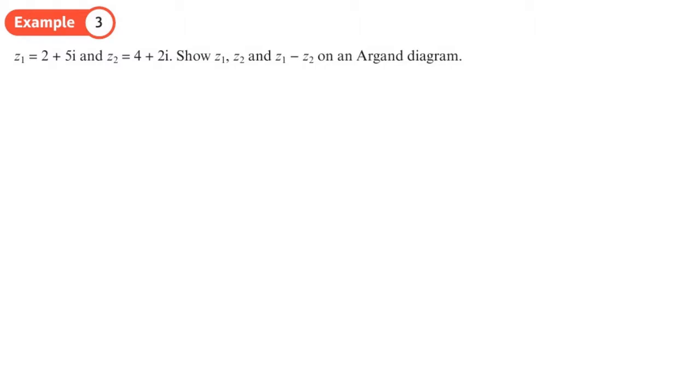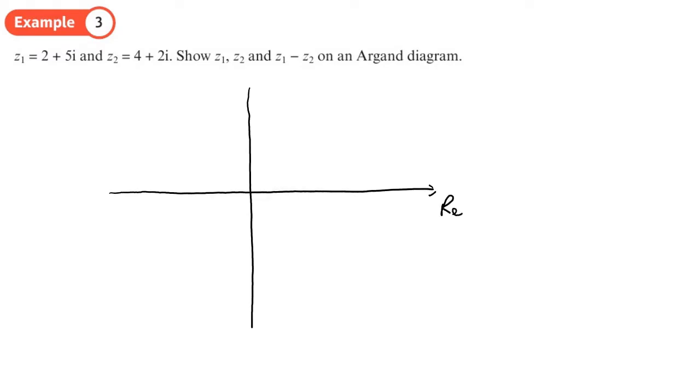Another Argand diagram. We're plotting similar to the last one, but now it's a subtraction. So Z1 is 2 plus 5i. I'm going to have to make this scale a bit smaller if I want to go up to 5. 1, 2, 3, 4, 5. 2 plus 5i is going to go up to roughly there.